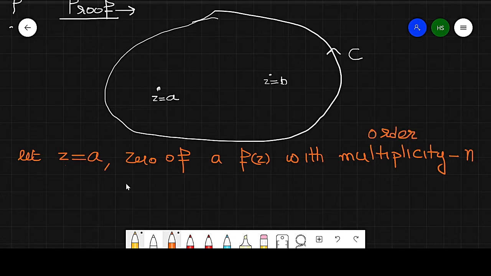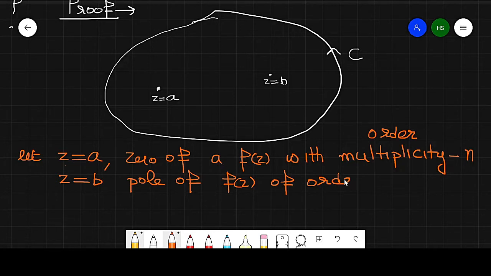And similarly, z equal to b is a pole of f of z of order p.